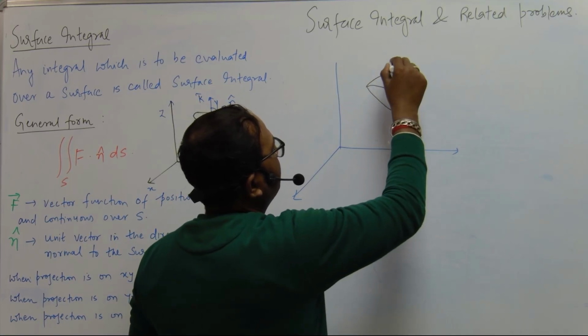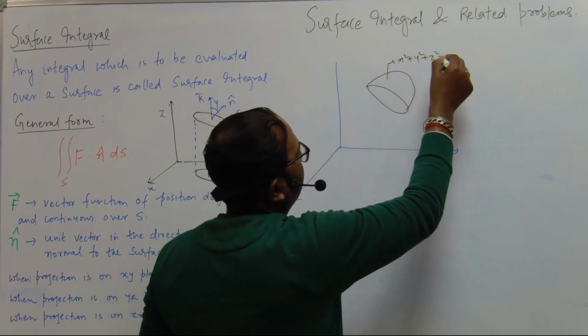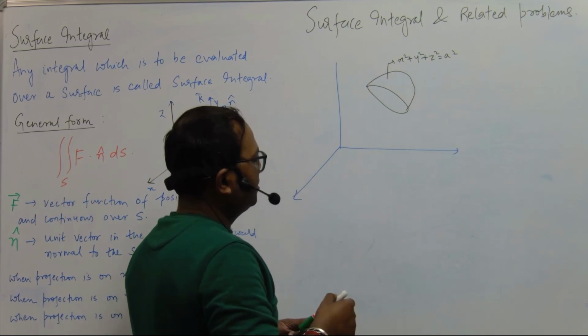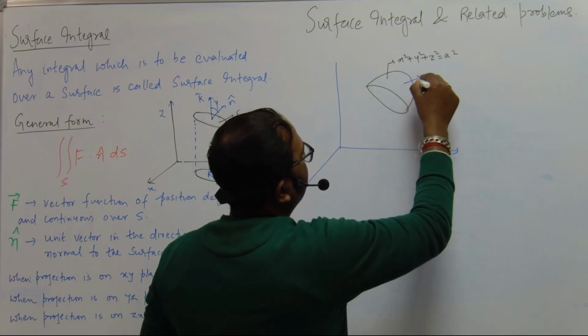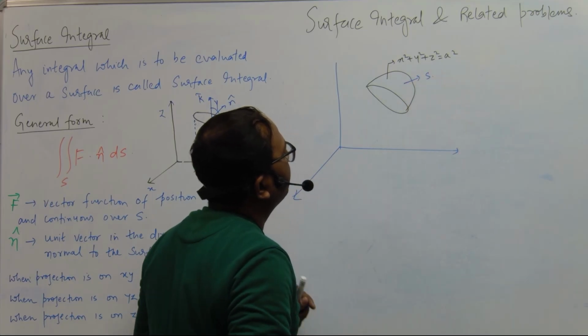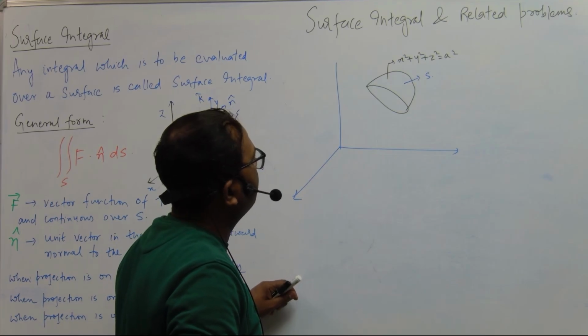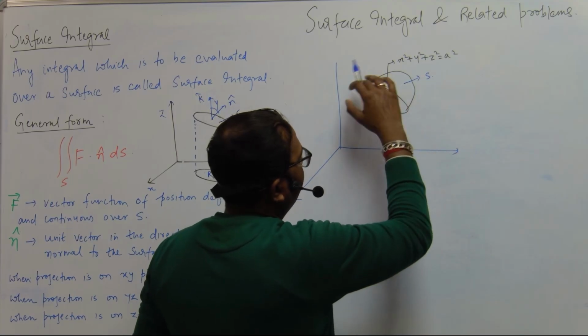Let us consider the equation x square plus y square plus z square is equal to a square. This is our equation, and S is our surface. So how can we take the surface integral? For taking the surface integral, let us take the projection of this curved surface.